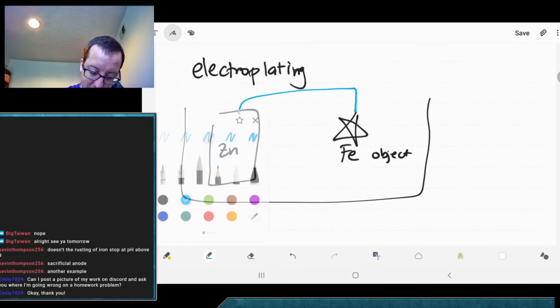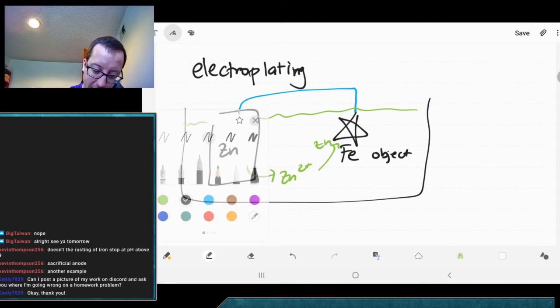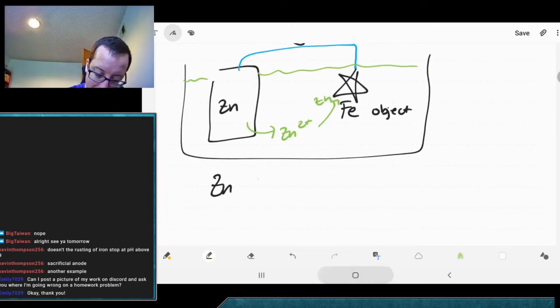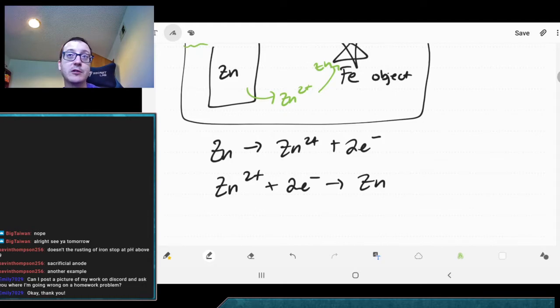If we have this in solution, if we look at the reaction that's happening here, we're going to be oxidizing zinc, and we can then also reduce the zinc ions in another location.